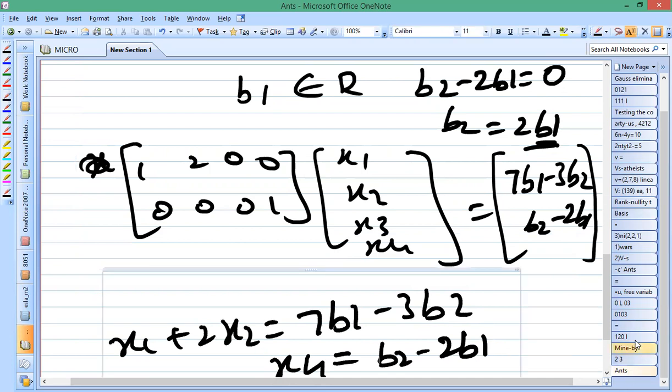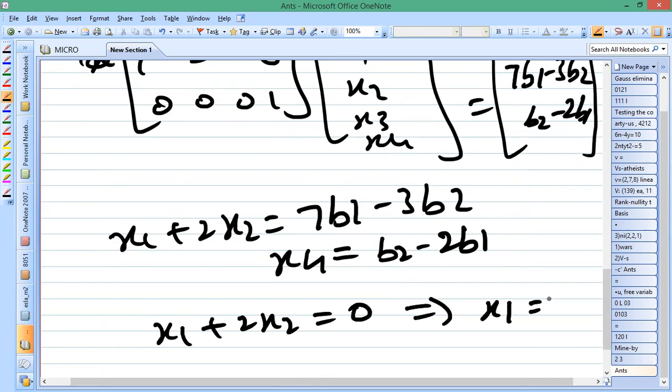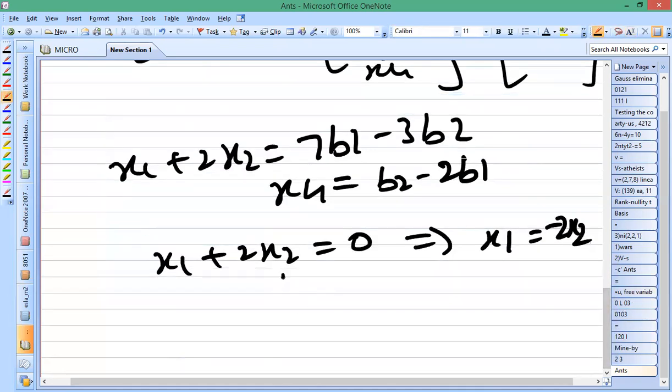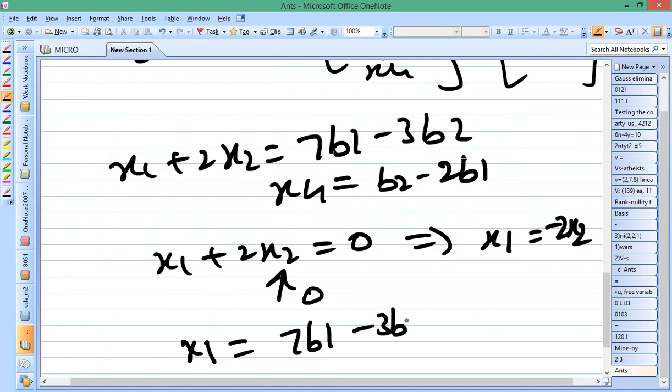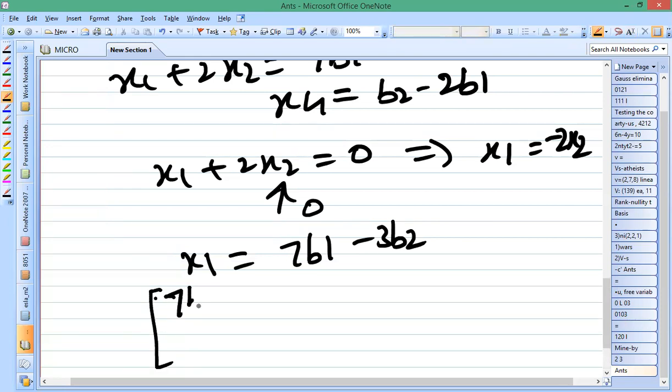For a free variable you can set any value, either 0 or 1, so putting x2 equal to 0, x1 is equal to 7b1 minus 3b2 and x4 is equal to b2 minus 2b1. So we can write the solution as 7b1 minus 3b2 in the place of x1, and b2 minus 2b1 in the place of x4.